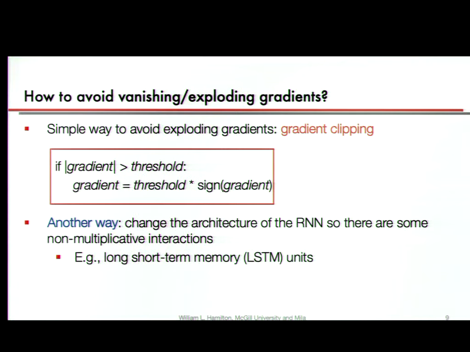Yes, this is a good point. Does this really solve the problem? It doesn't really solve the problem, because if you have really exploding gradients, then everything is just going to end up being threshold times the sign of the gradient, and it's not truly going to solve it. This is true. So this is not the solution I would recommend for LSTMs.